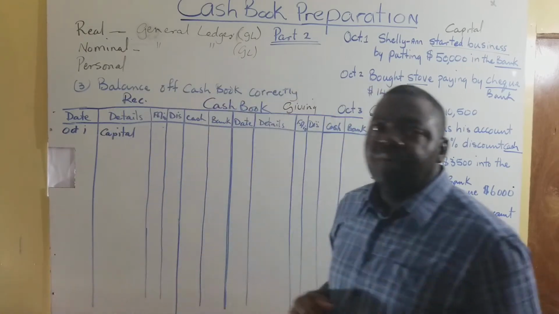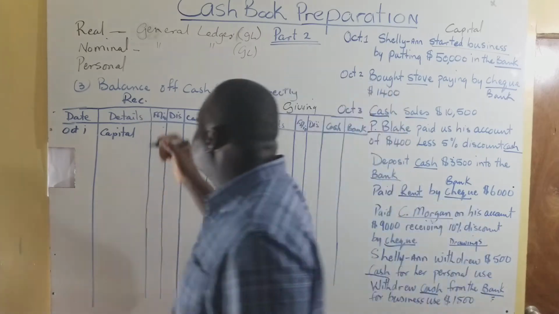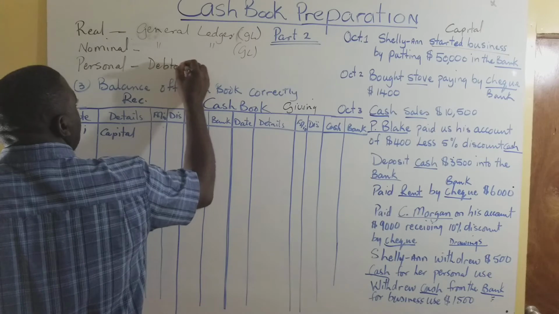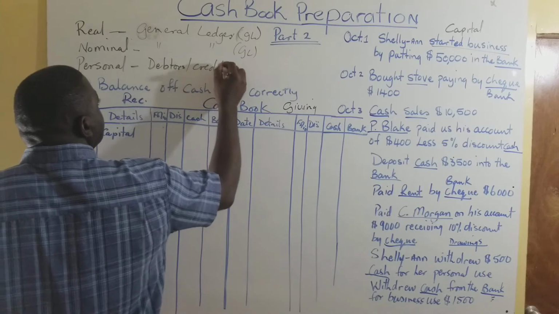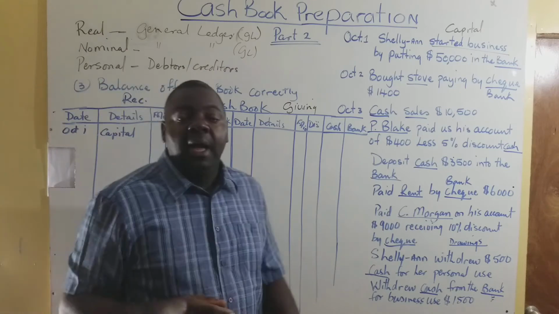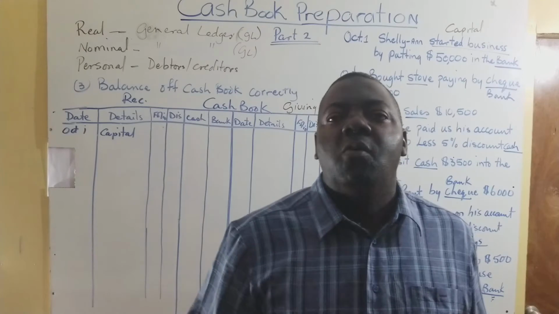Now, personal accounts speak to your debtors and your creditors, or what we now know also as accounts receivable and accounts payable.